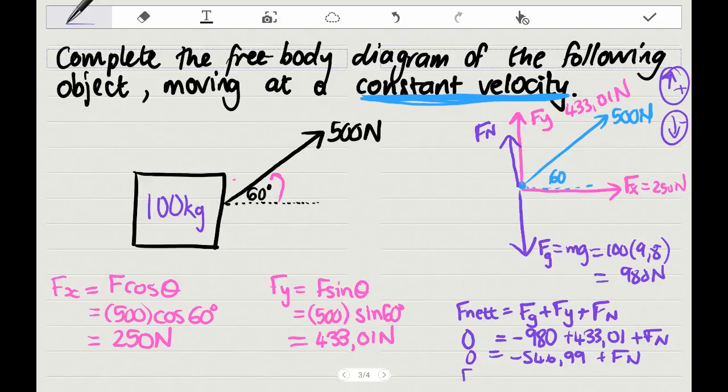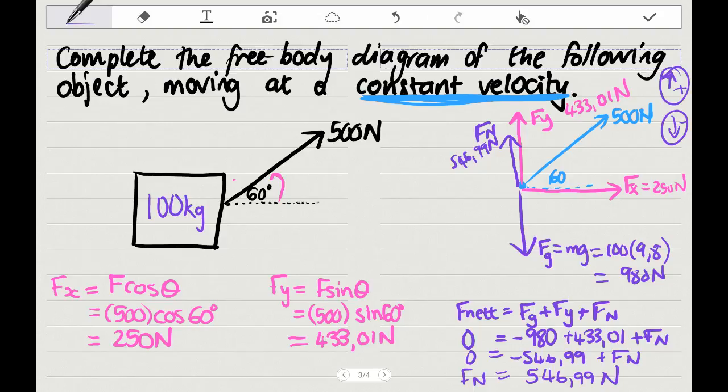So the normal force is 546.99 newtons. Okay. Are those all of the forces?